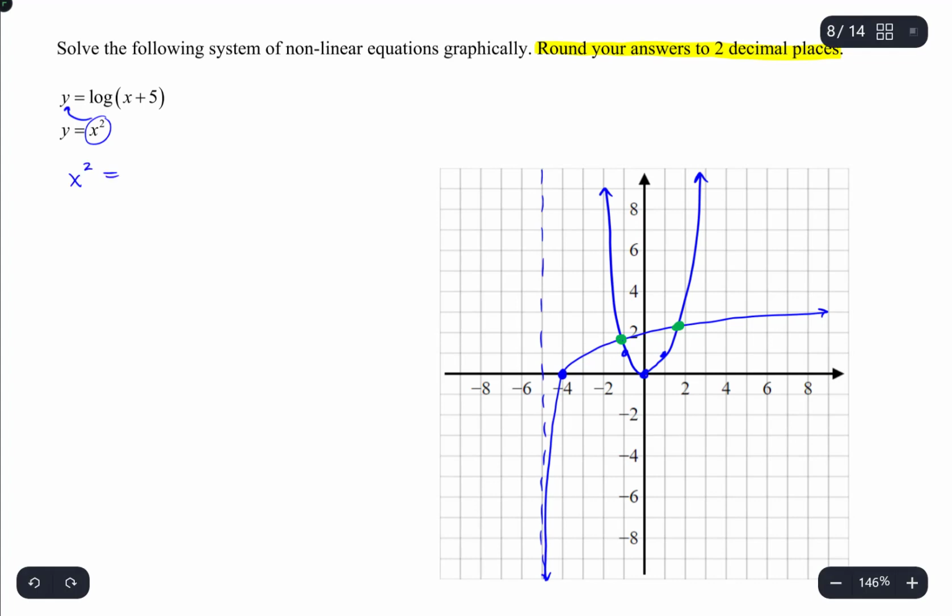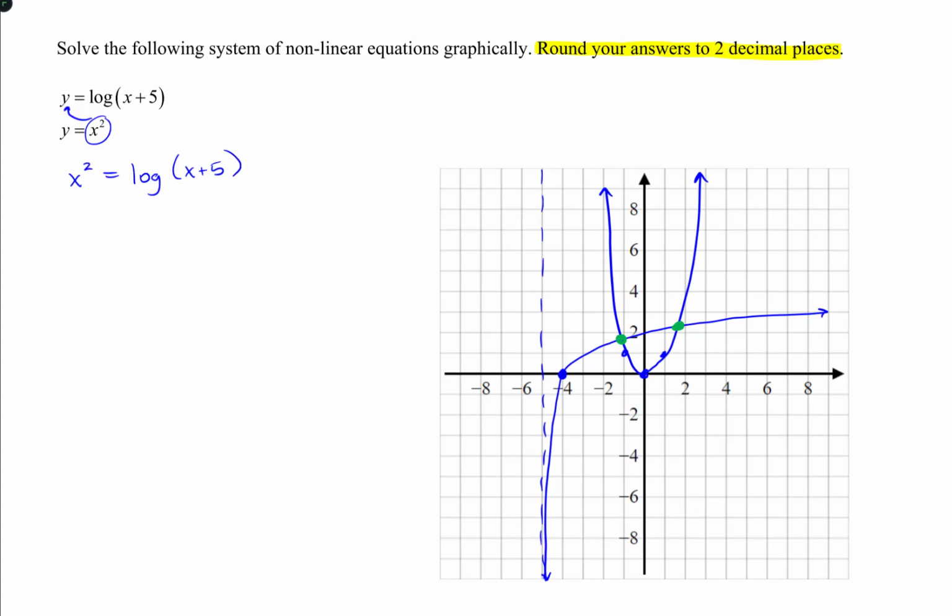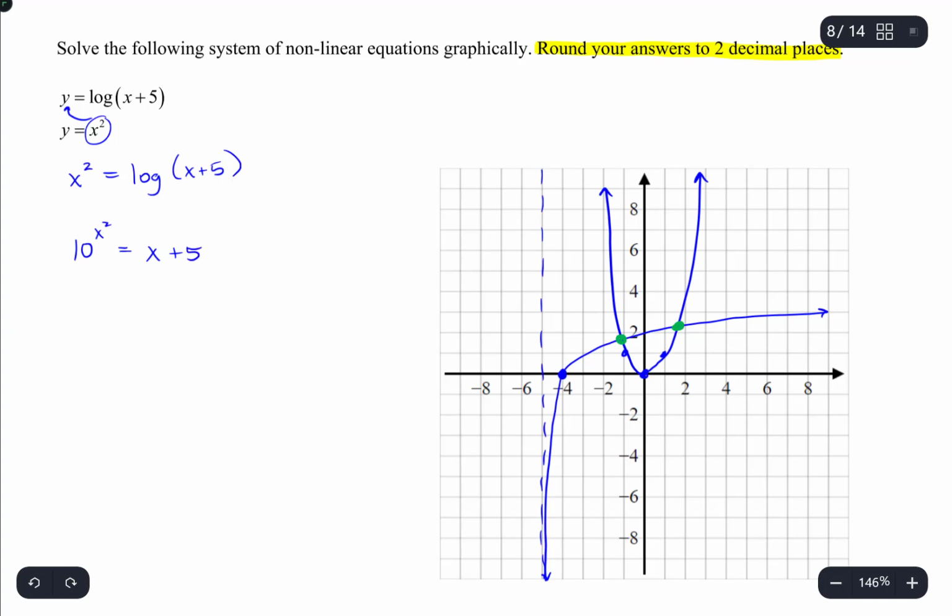So if I have x squared equals log of x plus 5, then to solve any equation that has a logarithm whose argument is a variable, we need to switch into exponential form. The base of the exponential equation would be 10 because this is a common logarithm, and the exponent would be this value over here, and that's equal to x plus 5.